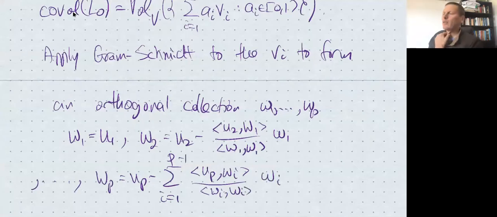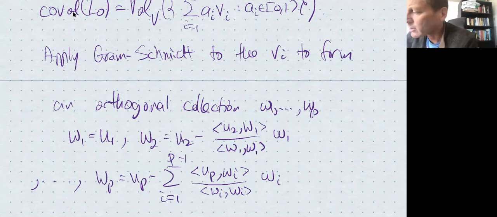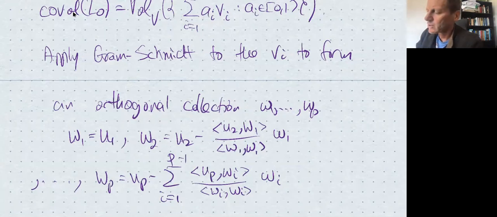So you all know the Gram-Schmidt procedure. Gram-Schmidt is explained sometimes in two different ways. In one situation, you might be trying to construct an orthogonal collection, which is what I wrote over here. What you do is at each step, you subtract from your vector the orthogonal projection onto the space of vectors that you already have.